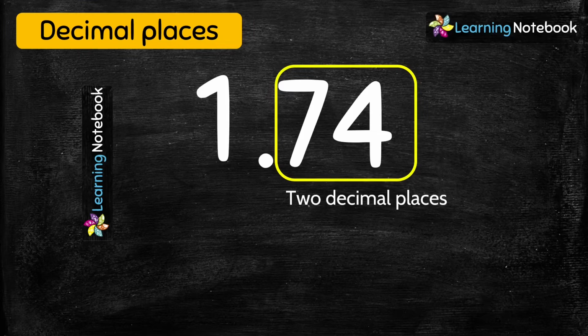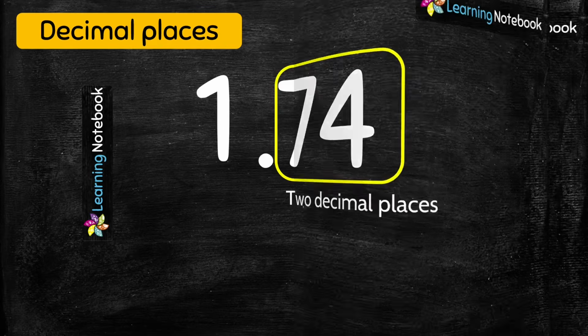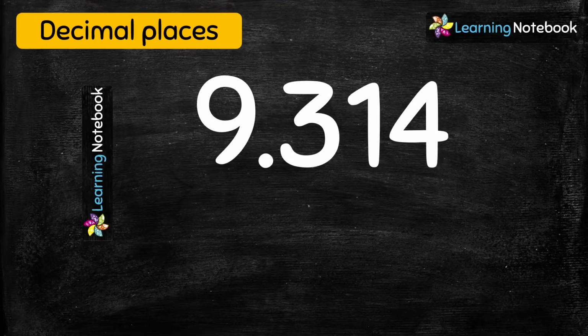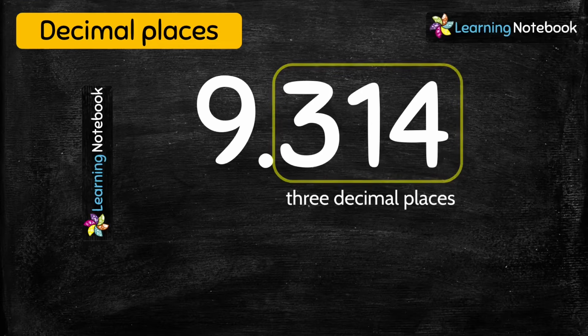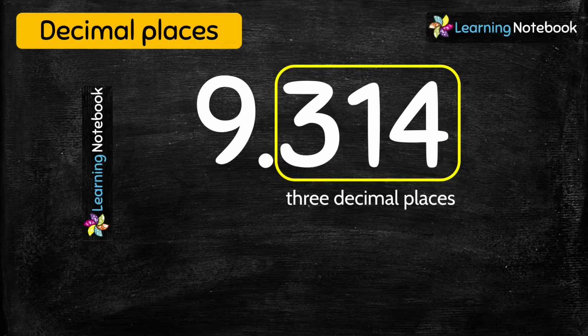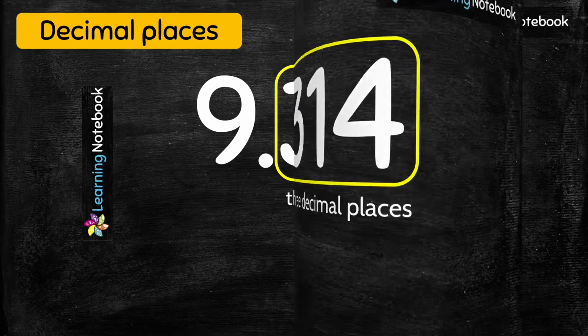So we will say it has two decimal places. Now look at this decimal number 9.314. The number of digits after the decimal point is 3. So we will say it has 3 decimal places.